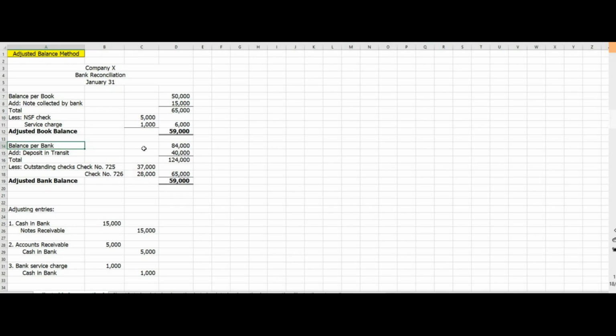But if they are mga book reconciling items, then ang iyong treatment sa mga book reconciling items ay i-reverse mo. So your NSF check and service charge will be added, and then your credit memo or note collected by bank shall be deducted. Kasi nga, hindi pa siya na-take up doon sa book. Kung saan, yun yung gusto mong balanse na lumabas.